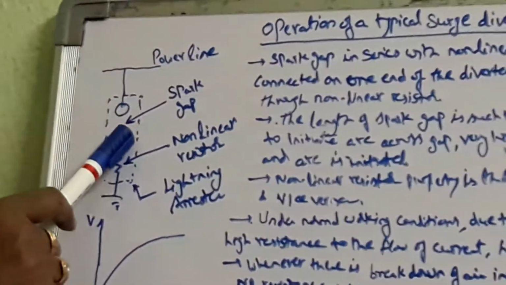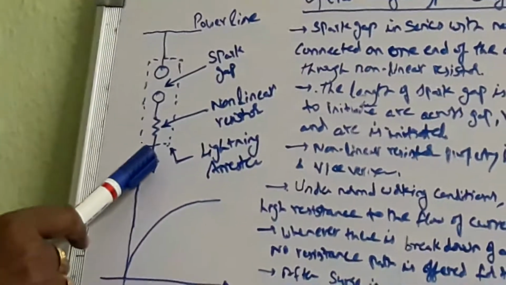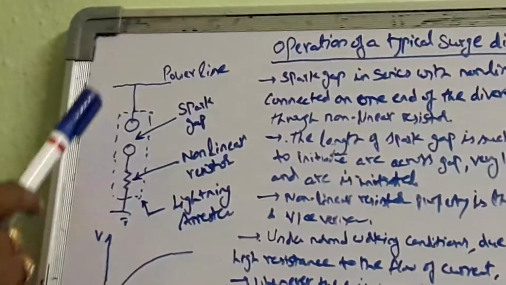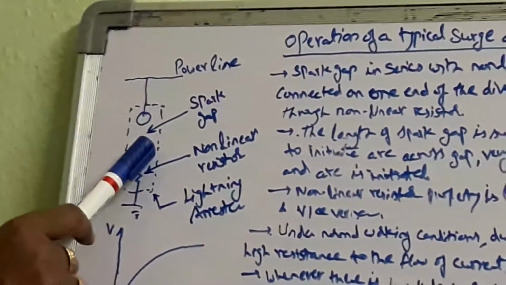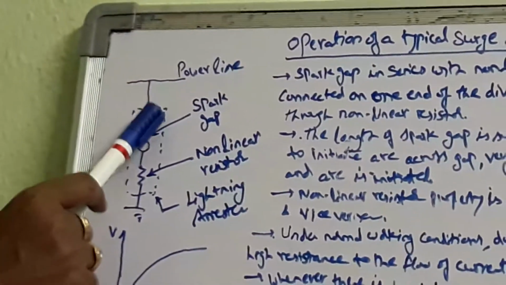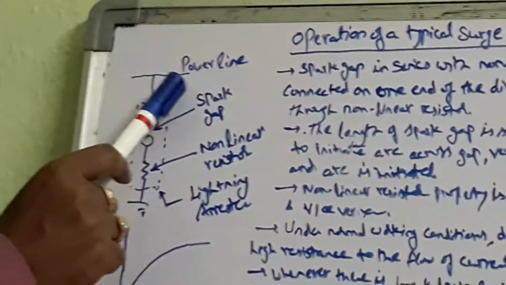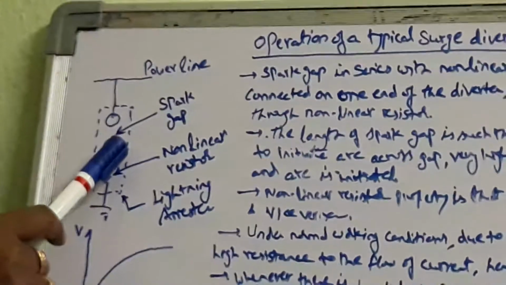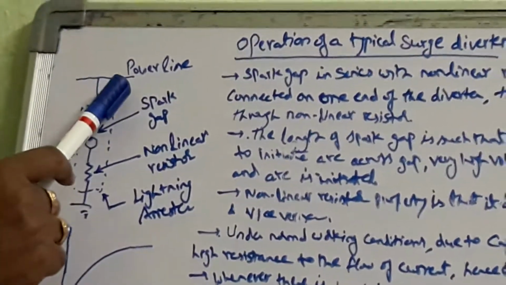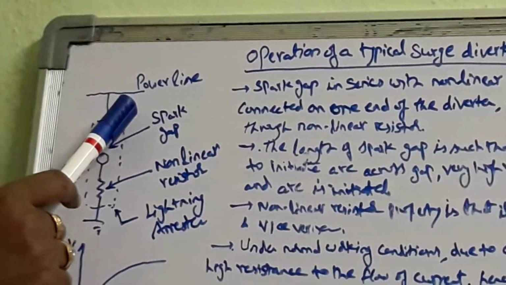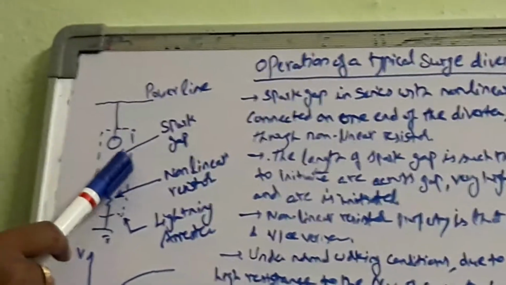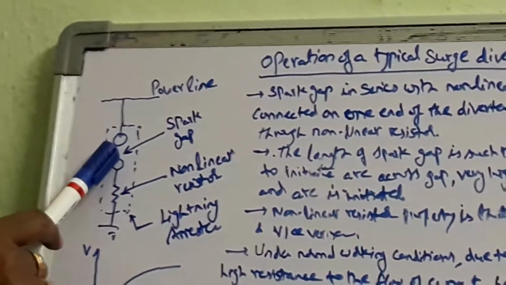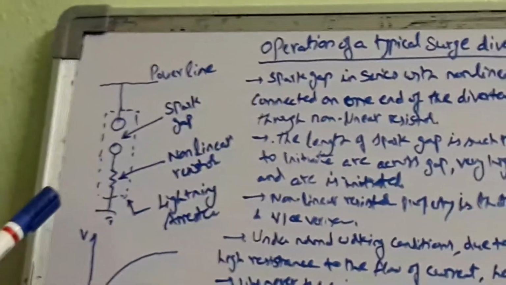But once the surge is over, the non-linear resistor as usual will offer high resistance to the flow of the normal current produced by the power line, because the voltage of the ordinary system will always be less than the breakdown voltage of the air.